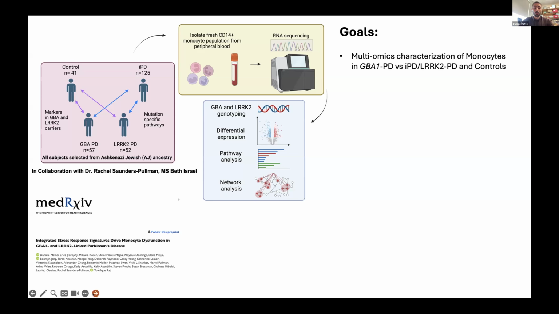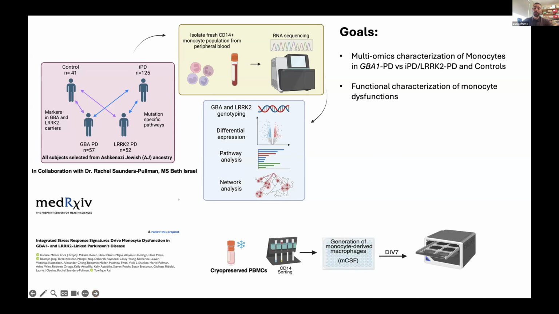And I also focus a lot of effort on a functional characterization of these monocytes, or more accurately, of patient monocyte-derived macrophages, which I mature in vitro from our cryopreserved PBMC cohorts.